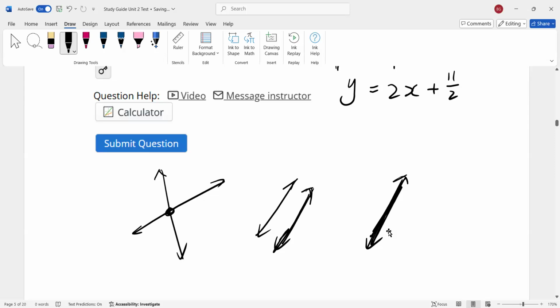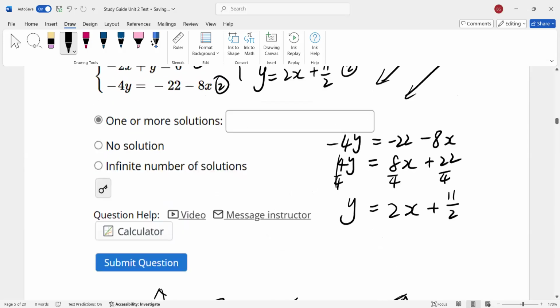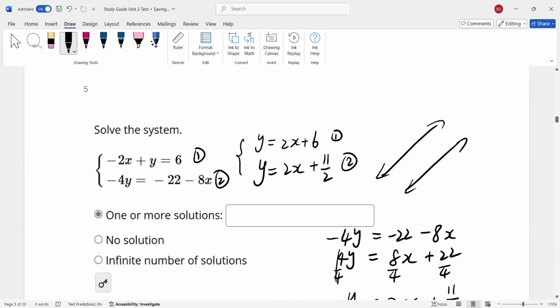They overlap, coinciding, so infinitely many solutions. One solution, case 1. No solution, case 2. Infinitely many solutions, case 3. This problem is case 2. The 2 straight lines are parallel. No solution. We should choose this one.